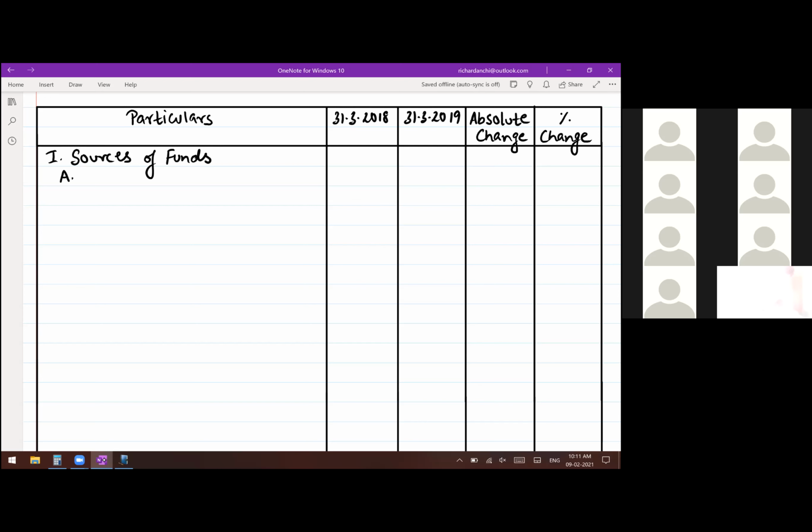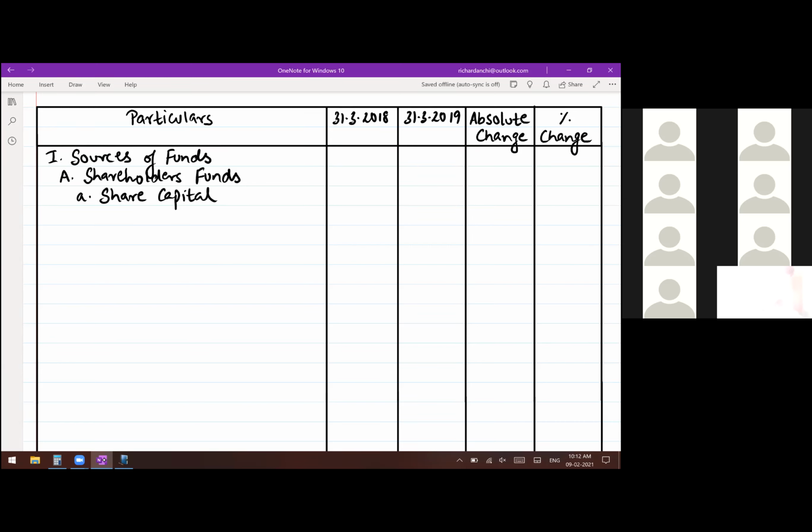Here the item given is share capital, which means it is a company. The moment you see the word share, that means it is a company. So instead of owner's funds, you have to write shareholders funds. And below shareholders funds, two items. One is share capital.